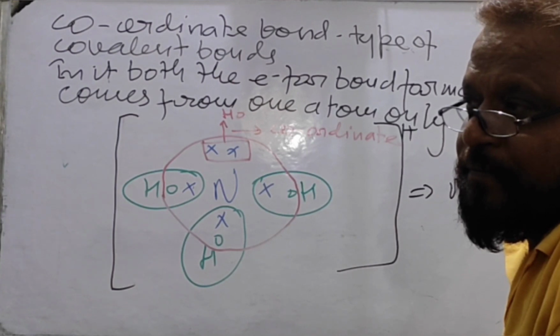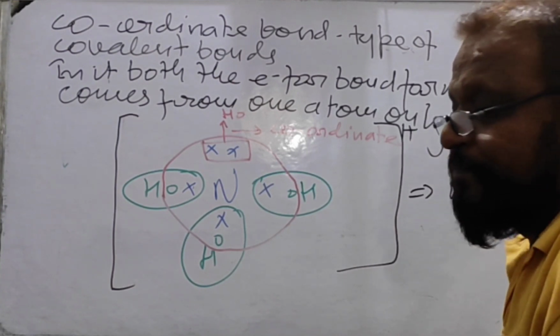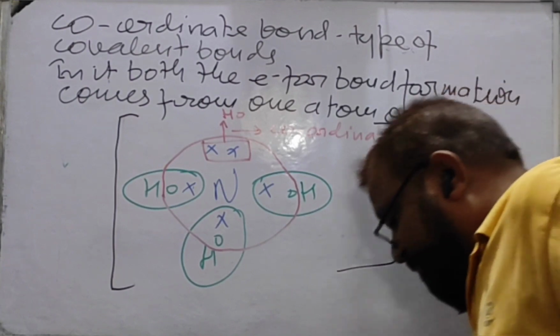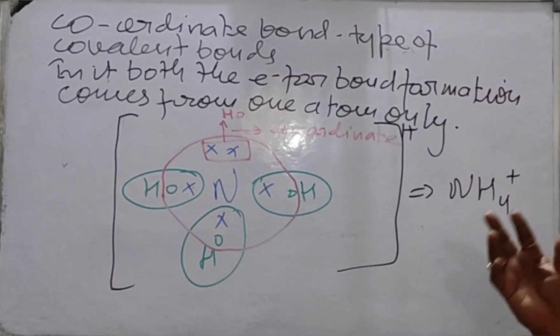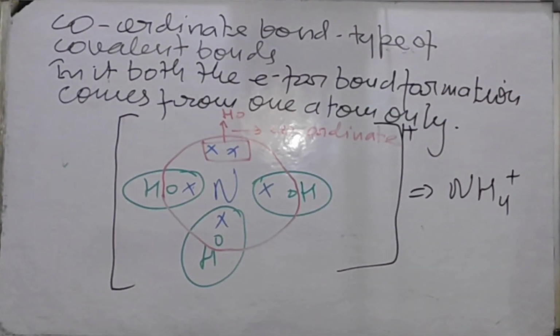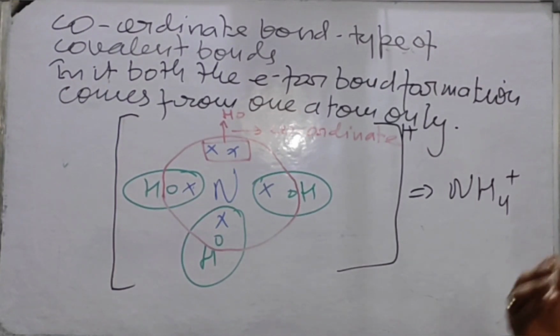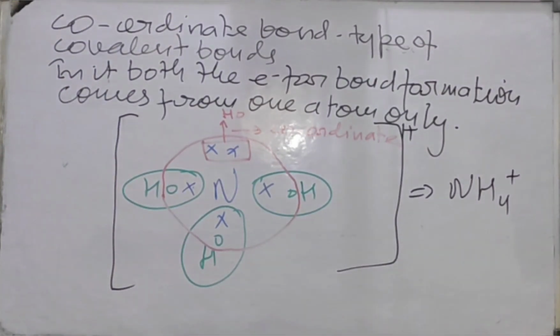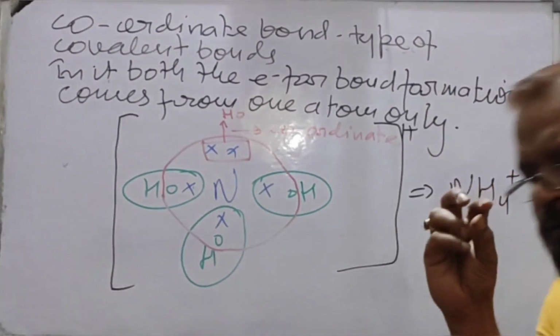So for bond formation both the electrons come from one atom only, and that is from nitrogen in this case, so the ammonium ion. Right. So if we talk about polar and non-polar, polarity is due to difference in electron charge densities.